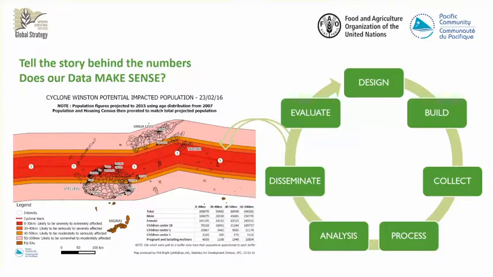Okay. This is an example of the potential population impacted by the cyclone Winston, and it was as easy as putting the cyclone track, the buffers around the cyclone track, and overlapping population at enumeration area to assess which is the population that is going to be impacted by the cyclone.